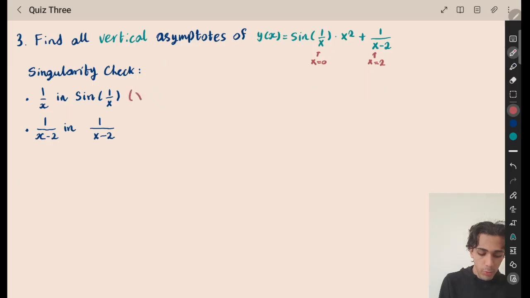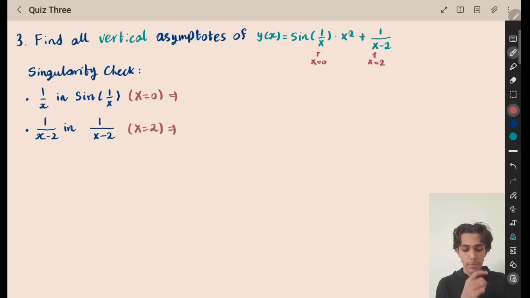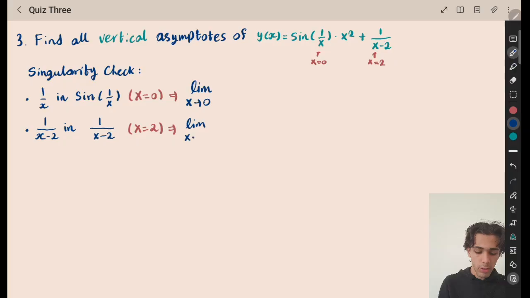So in the first one, your problem is x is equal to 0. In the second one, your problem is x is equal to 2. These are possible vertical asymptotes, but this is not for sure yet. Here is how we check. We let x tend to 0, and we let x tend to 2 of y.